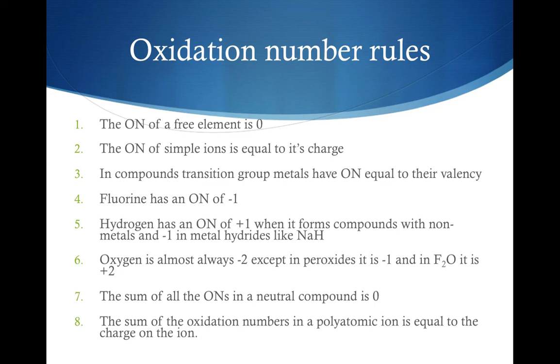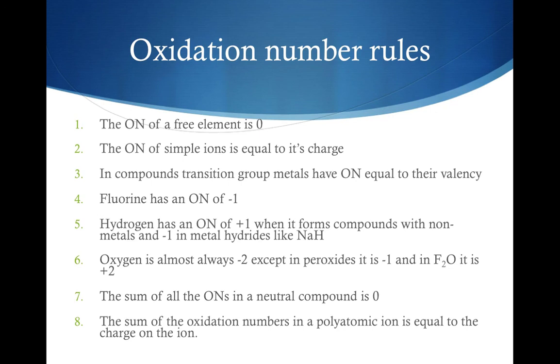So far, so simple. Fluorine always has an oxidation number of -1 when it's in a compound. Hydrogen always has an oxidation number of +1 unless it's in a compound with a metal, in which case it's -1. Oxygen is always -2, except for two situations.